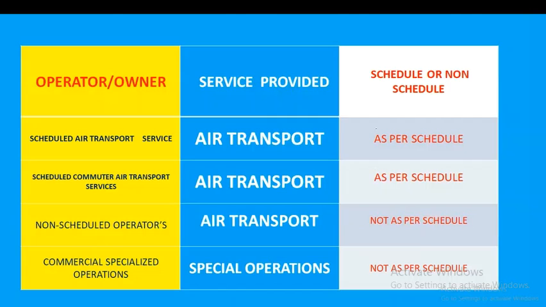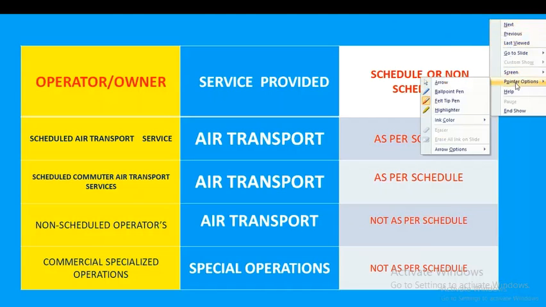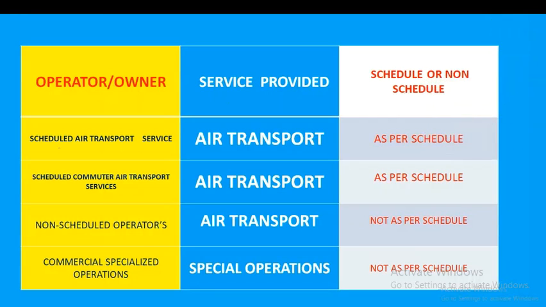Here I prepared a table. This one is the scheduled air transport service operator. What type of service is this operator providing? Air transportation service, meaning transferring passengers or cargo from one place to another as per a schedule and earning profit. That's why we call this operator a scheduled air transport service provider, or commercial scheduled air transport service provider, or commercial air transport operator.